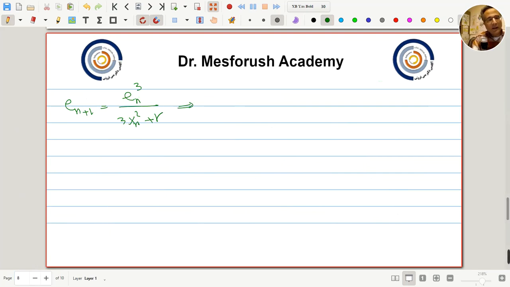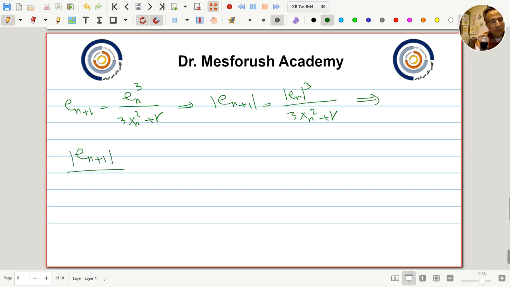Take absolute value of both sides and divide both sides by the absolute value of e_n cubed, so we get absolute value of e_{n+1} over absolute value of e_n cubed equal to 1 over (3x_n squared plus r).